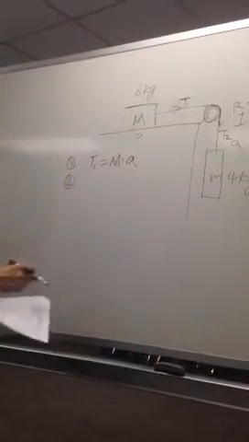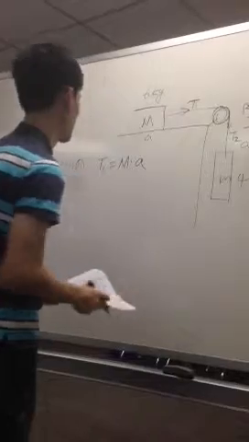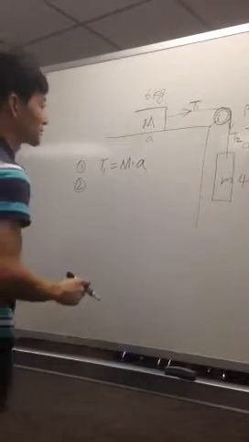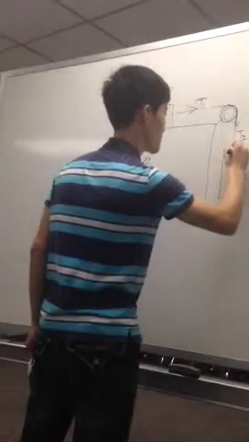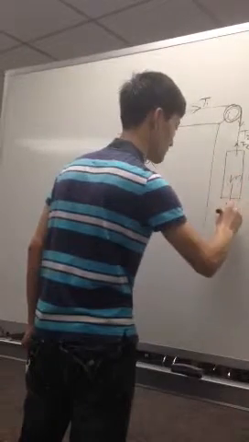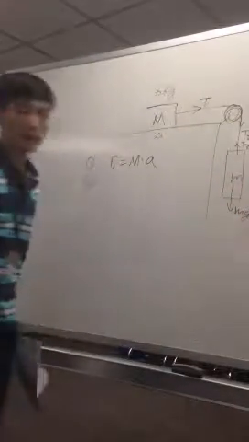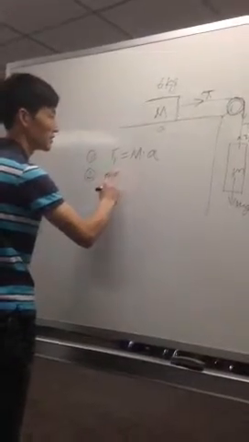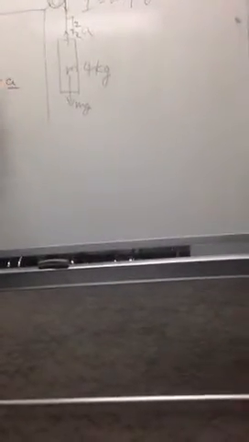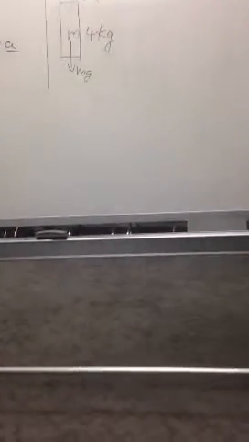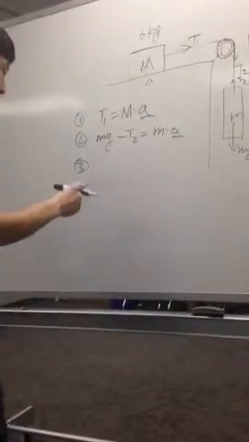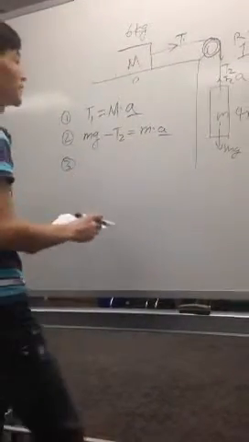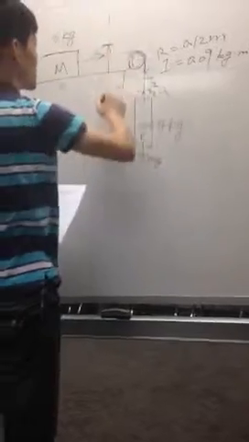And then the second one, we analyze this small object. It will be T2 and then mg, right? So mg minus T2 will be ma. Remember this A and this A are the same thing. Okay, so we got 2, and then we analyze this pulley.